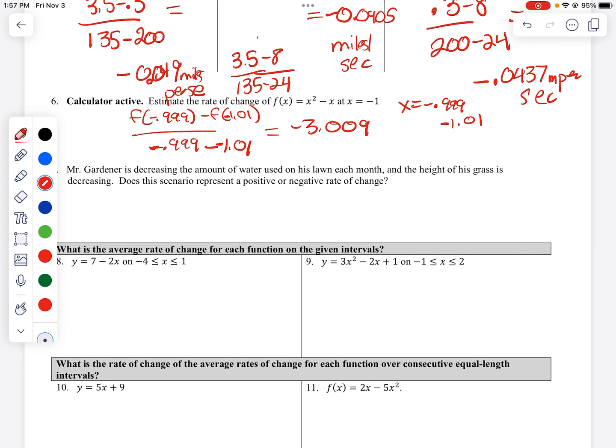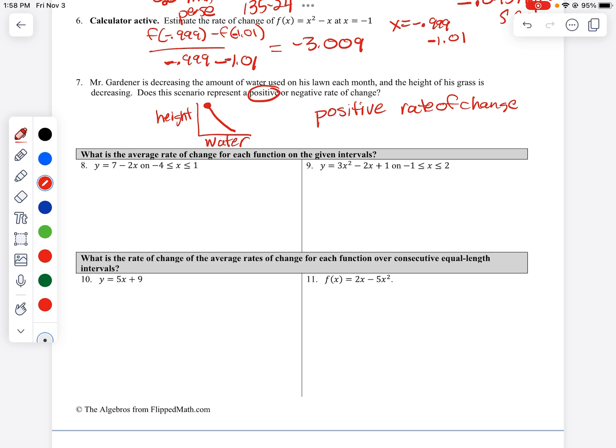Let's see, if we were to graph this, water and height of grass, it started high, and now it's less water, the less height, so that is actually a positive rate of change, because the less water, the shorter it is.